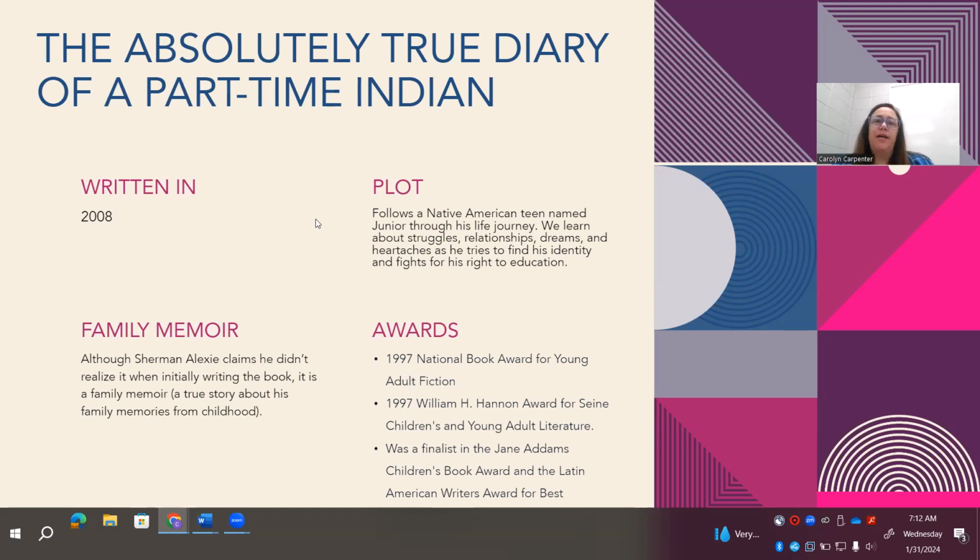So in the story, it talks about all these different struggles that Junior goes through, like struggles with the school books being too old. The school books are like 20, 30 years old. They haven't been changed out in a really long time. He also talks about struggles with friendships and with love.